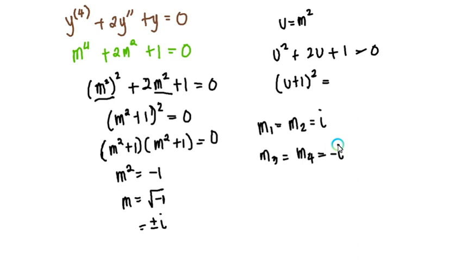So, may ara kita factors or may ara kita apat ka roots. We have duwa ka positive i, duwa ka negative i. Okay? So, paano siya ginsulat in its complex equivalent?